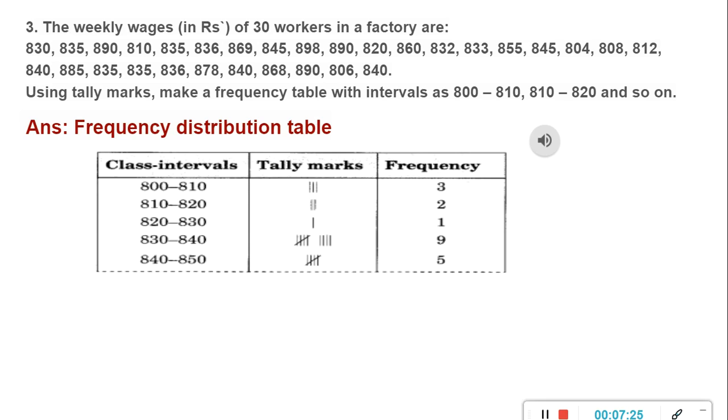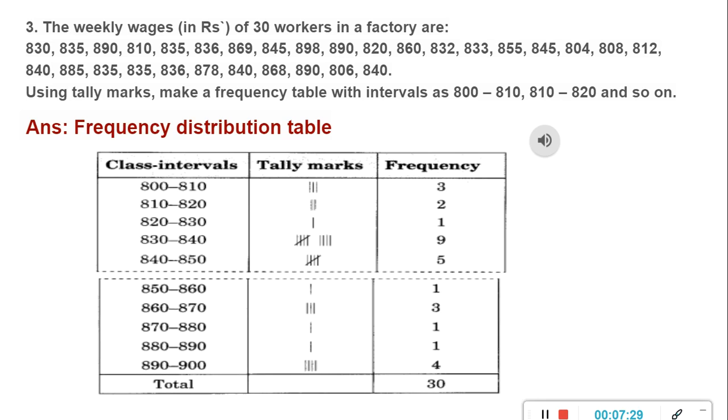Then 810 to 820, 2 are there. 820 to 830, 1. 830 to 840, 9 are there. 840 to 850, 5. 850 to 860, 1. 860 to 870, 3. 870 to 880, 1. 880 to 890, 1. 890 to 900, 4. So total also you have to calculate, that is total 30 workers are there. Okay. So this is the frequency distribution table.